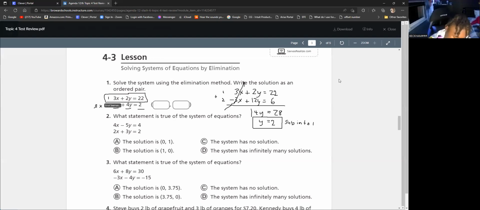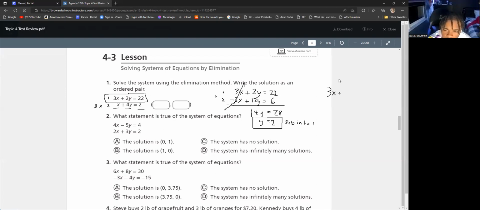So we're going to put 3x plus 2, parentheses. Hold on, I'm writing it down real quick. 3x plus 2 parentheses.